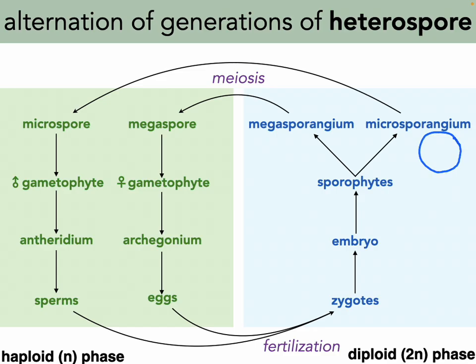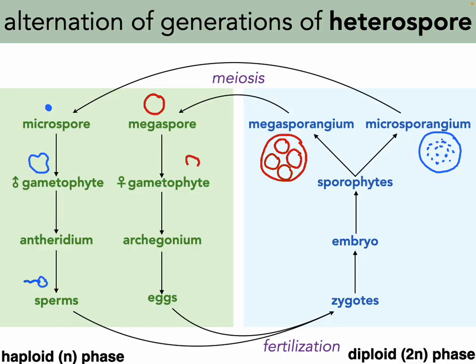The microsporangium gives rise to the microspores, the mini ones. This mini one will grow up into the male gametophyte, producing sperm in the end. Whereas the other one, the megasporangium, produces big spores. They produce megaspores, and megaspores grow up into the female gametophyte, producing archegonium. I should draw that as well. And they produce egg. The antheridium looks a bit simpler, very normal.